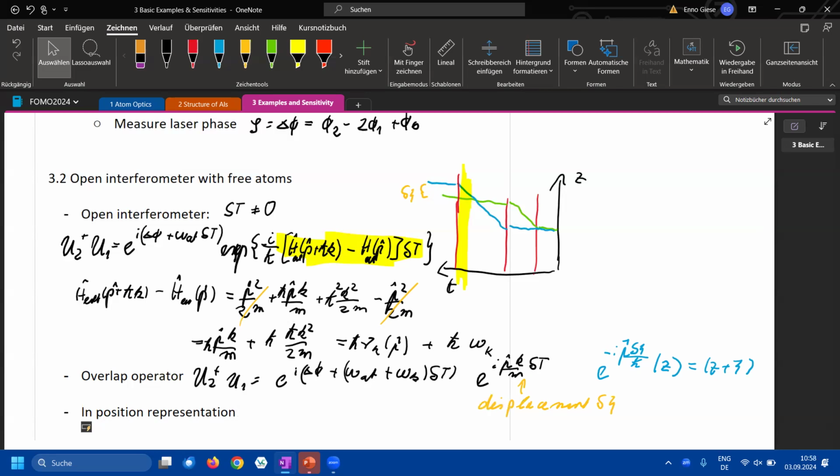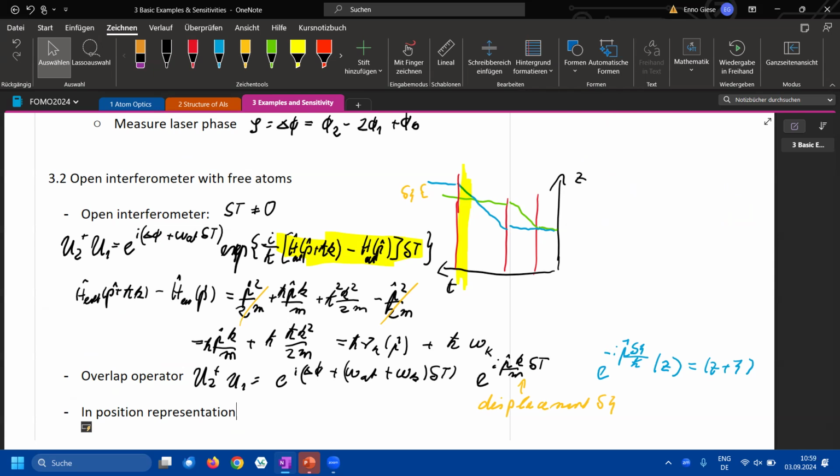Yeah, so it's just because I now have these exponentials with i over h bar, and I first need to get it right.